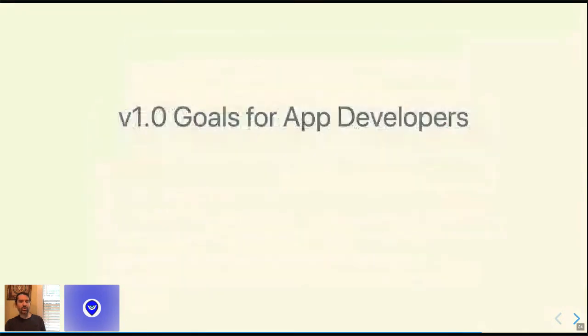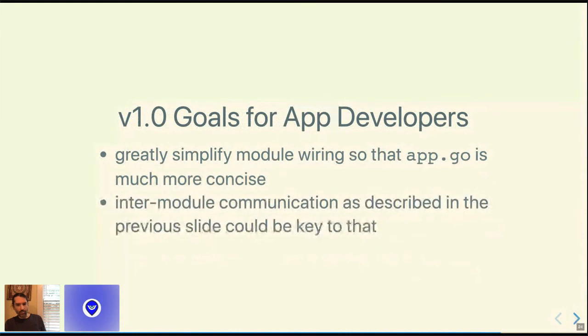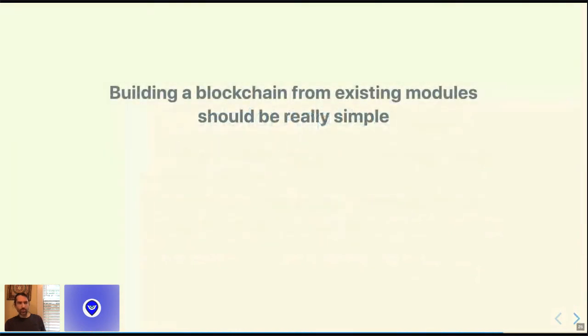So, goals for app developers: this is mainly around making it really easy to compose modules in app.go, making them much more concise. A lot of people have the idea that Cosmos SDK should make building a blockchain from existing modules really simple.